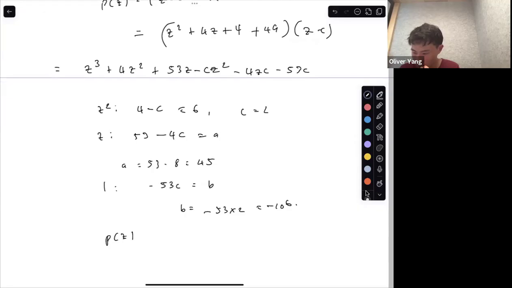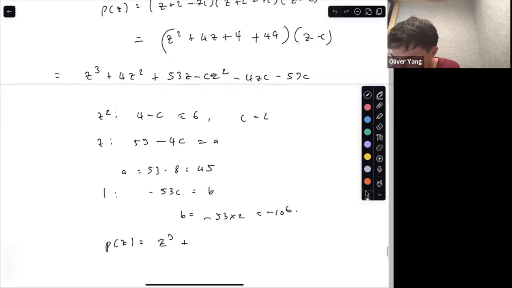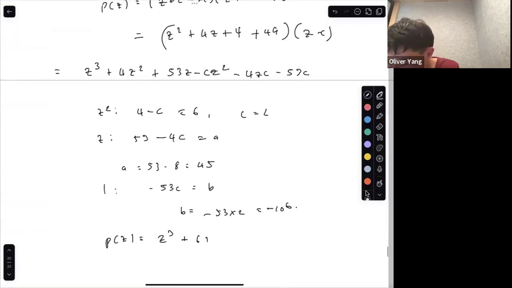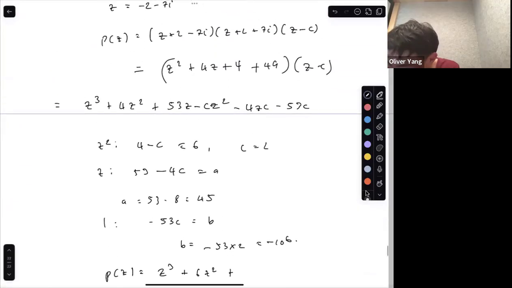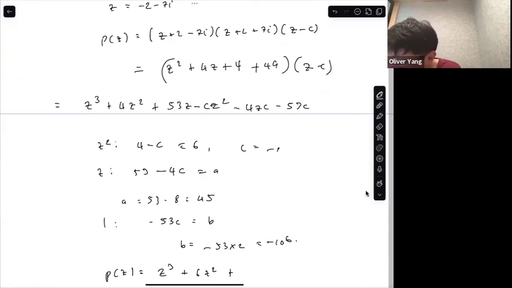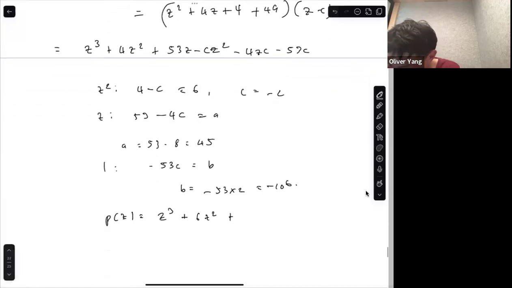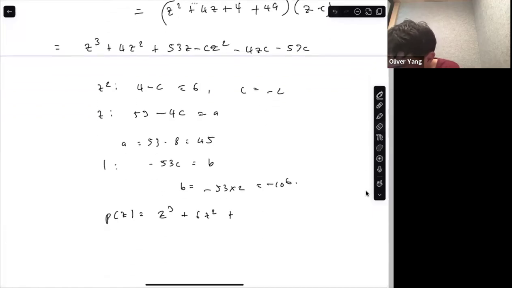So P of Z equals Z cubed plus 6Z squared plus A, which is 45. Did I? Yeah. Sorry, I'm just rushing. Negative 2. So this is positive 106.